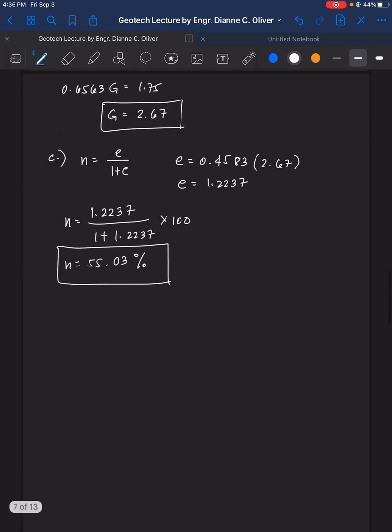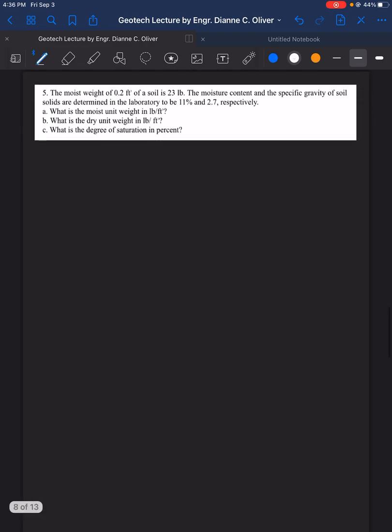Right, so let's go to number 5. The moist weight of 0.2 cubic foot of a soil is 23 pounds.